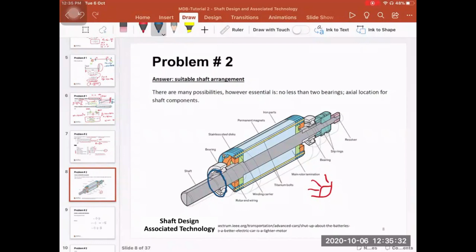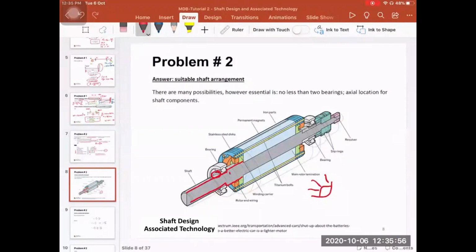So if you zoom in here, you will find that this left hand side bearing has some sort of step. We have a step here. Then this particular part here is the snap ring.